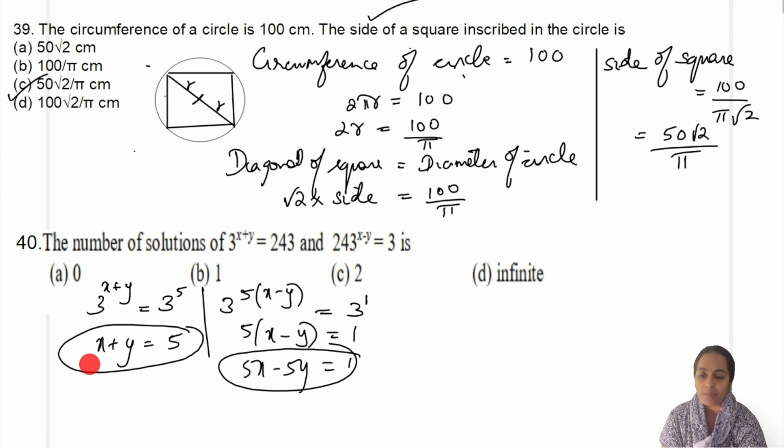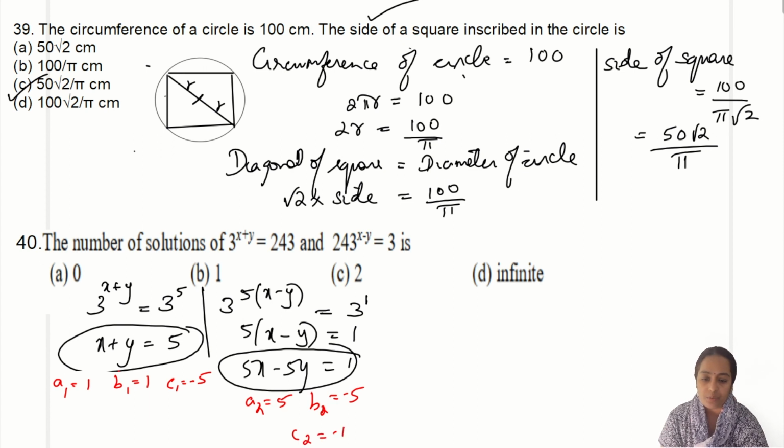From the first linear equation, I have a1 to be 1, b1 to be 1, c1 to be minus 5. In the second linear equation, a2 is 5, b2 is minus 5 and c2 will be minus 1.